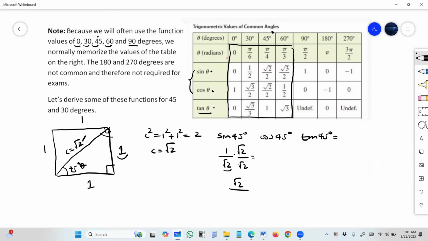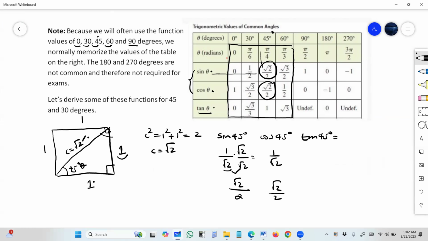That would be radical 2 over 2. So sine of 45 is radical 2 over 2. Same thing for cosine: adjacent over hypotenuse, and it's the same thing as sine, so this would be radical 2 over 2.